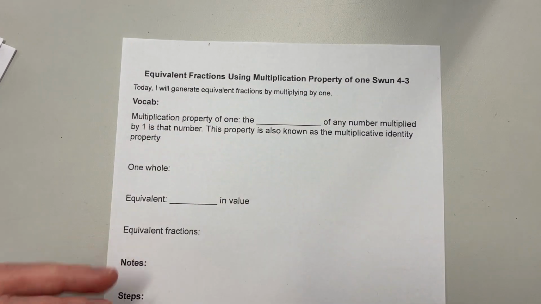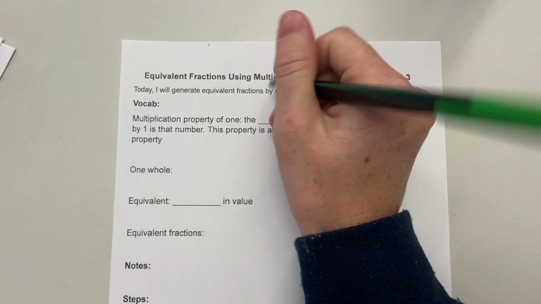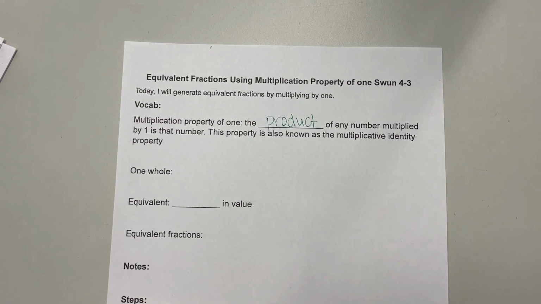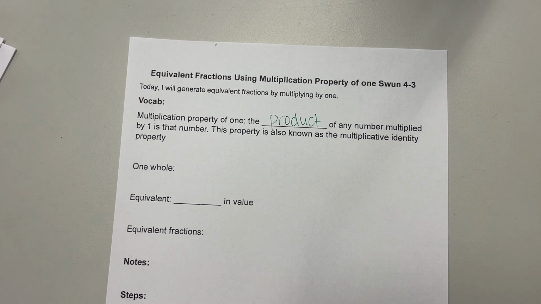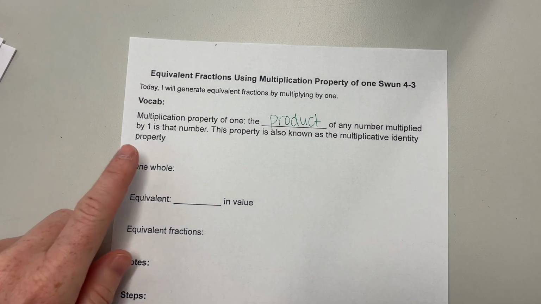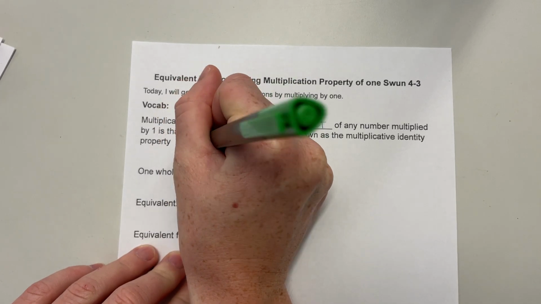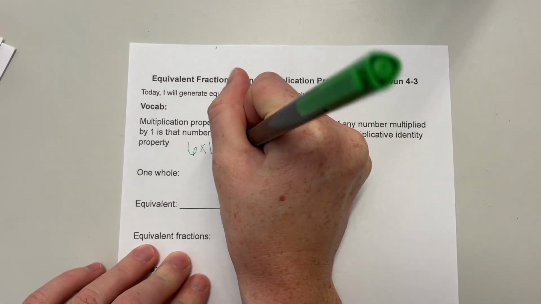So our multiplication property of 1 is the product of any number multiplied by 1 is that number. This property is also known as the multiplicative identity property. So for example, if I had 6 times 1, my answer's gonna still be 6.